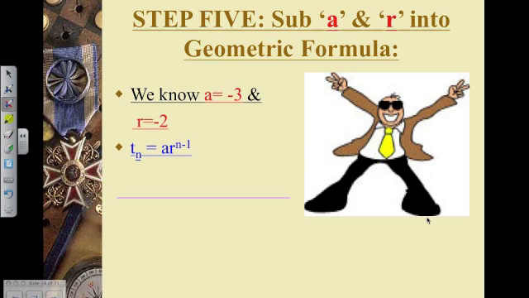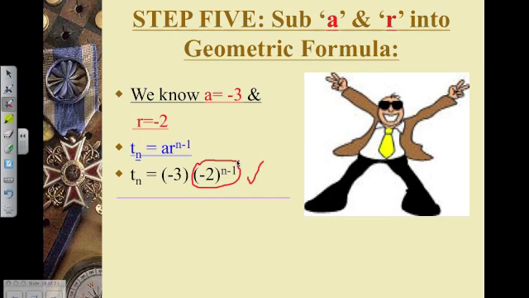And the general term formula for geometric sequences is Tn is equal to a times r to the power of n minus 1. So I'm going to substitute the values that I know. And I'm going to leave my final answer as -3 times -2 to the power of n minus 1. This is the correct answer. And remember, the power of n minus 1 belongs to the -2. It does not belong to the -3.